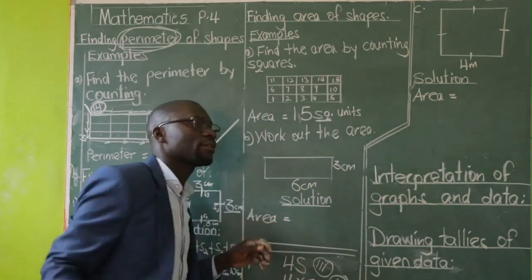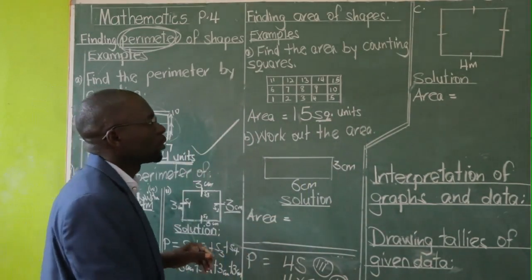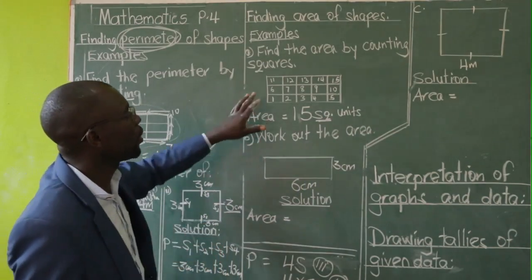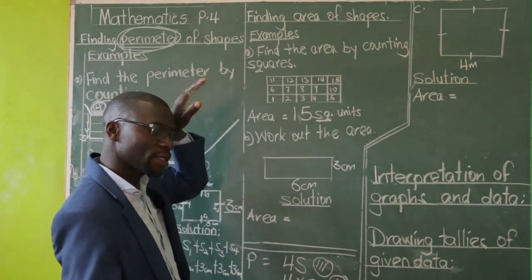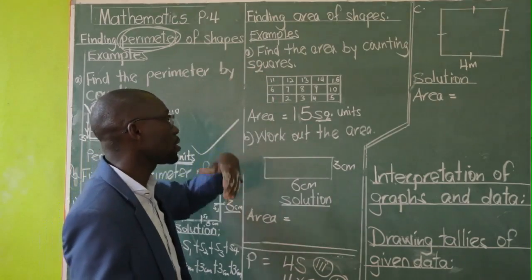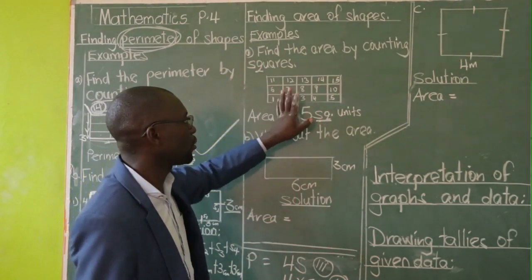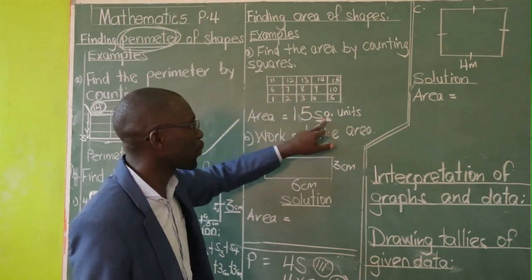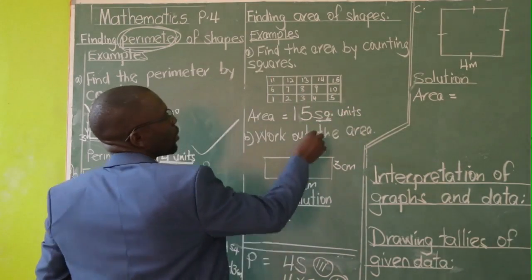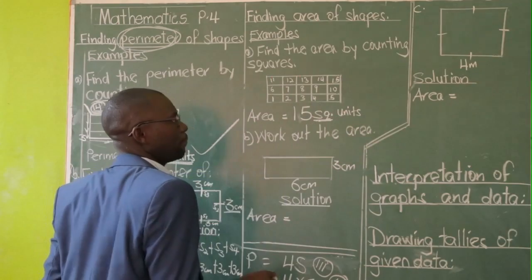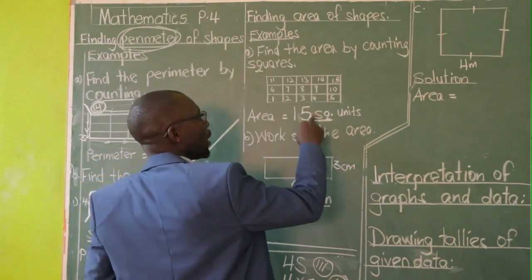This SQ stands for the word square, because we are multiplying something of the same kind, so it will be squared. You just abbreviate the word square by writing SQ.